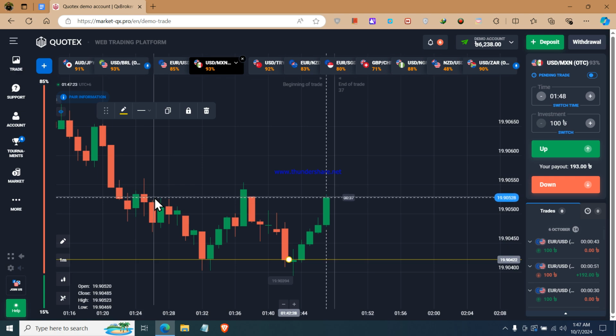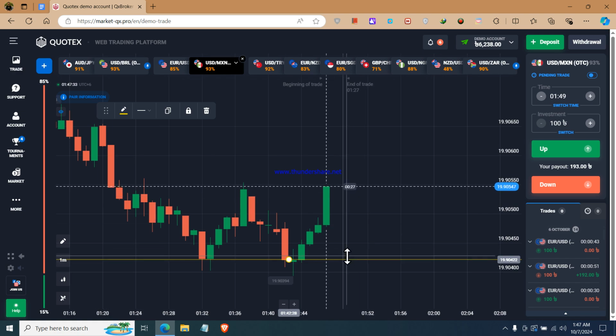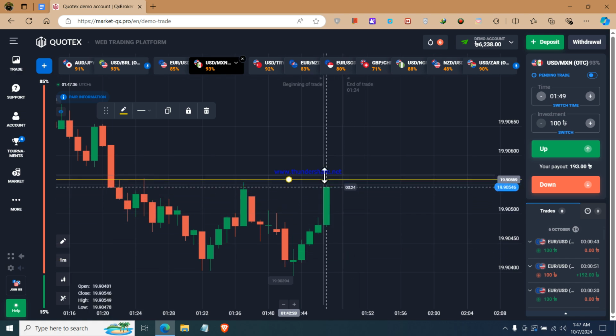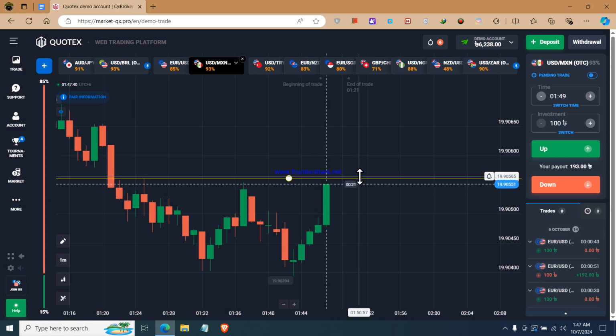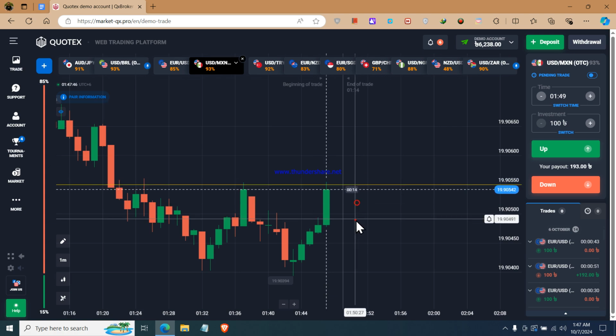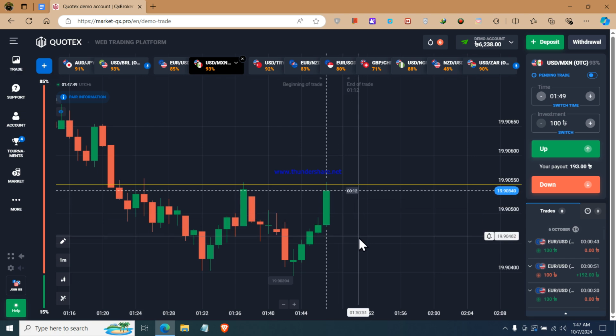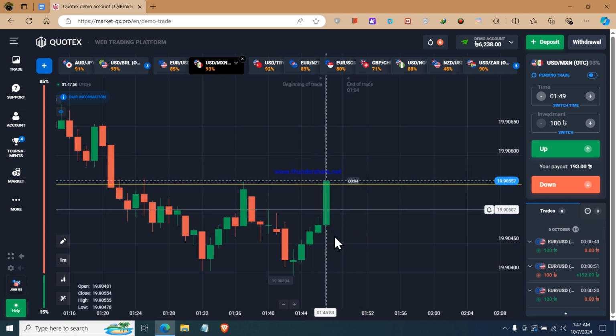The sellers made a gap here, so this is the seller's point. Let's see if the buyers are reacting on this level or not. So they touched the neckline and the seller's entry was visible, and they broke the neckline eventually.